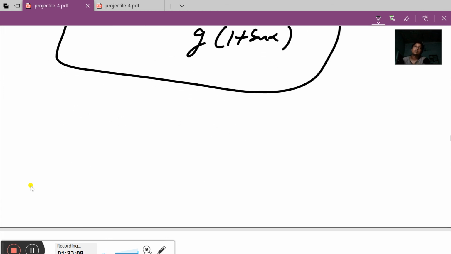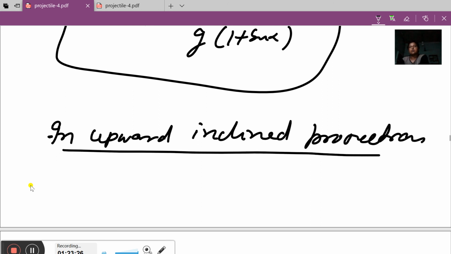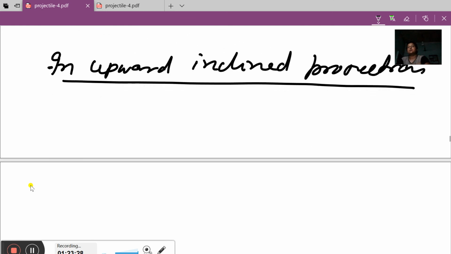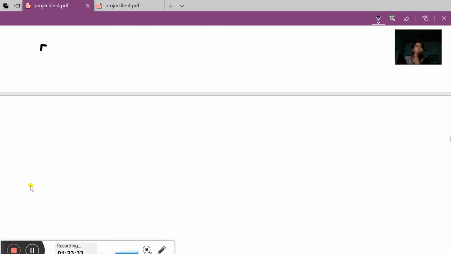So in upward inclined projection, we get the formulas. Time of flight is 2u sin theta over g cos alpha.